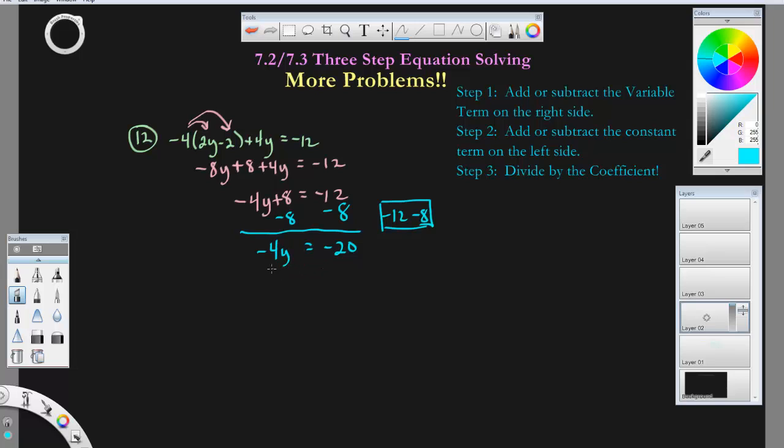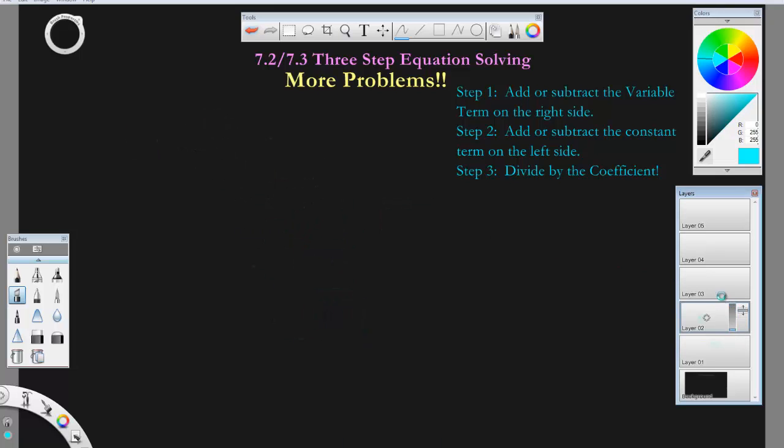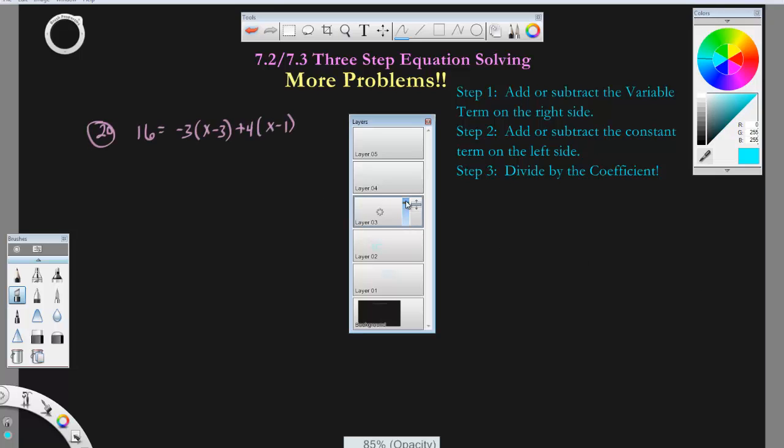And now we're just going to divide by the coefficient. So this is minus 4 on both sides. That cancels, giving us y equals positive 5. And at any time, you can plug them back in for y and check your answer. Okay, and you may be thinking, that was easy. Show me something hard. Well, I will.